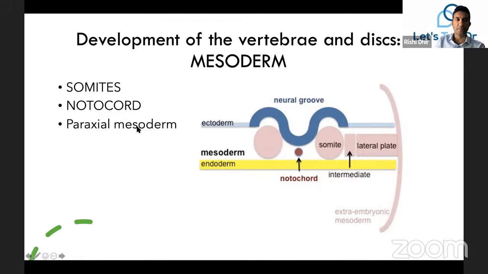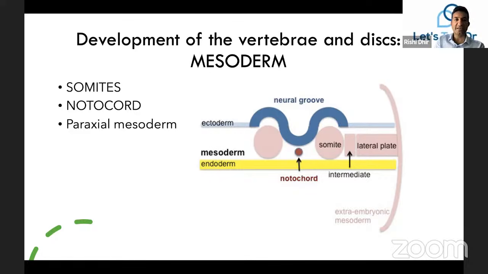Okay, so remember somites, remember notochord. I remember after development of the notochord, 3 structures will then form in the mesoderm. So notochord forms first. It releases sonic hedgehog gene, it becomes the nucleus pulposus, and then 3 structures form. The paraxial mesoderm, or the presomitic mesoderm, which basically lies either side of the neural tube and will develop into somites.